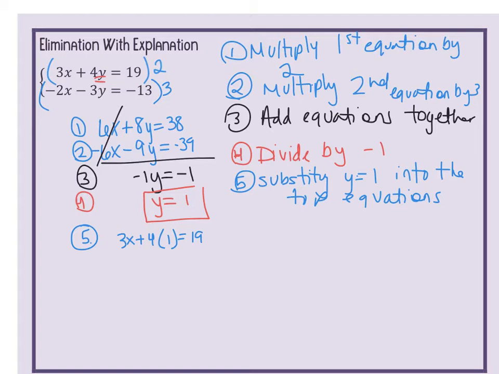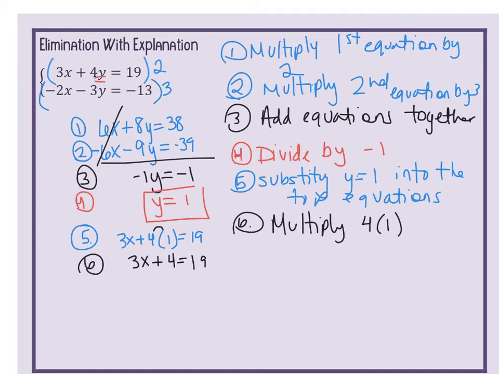The next step would be to distribute or multiply the 4 times 1. So I'm going to multiply 4 times 1. The next step would be subtract 4 from both sides. So I would subtract 4. 19 minus 4 is 15.